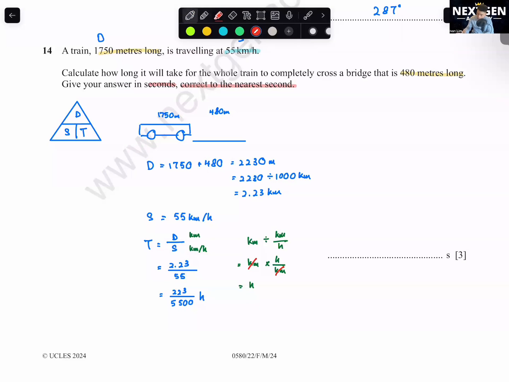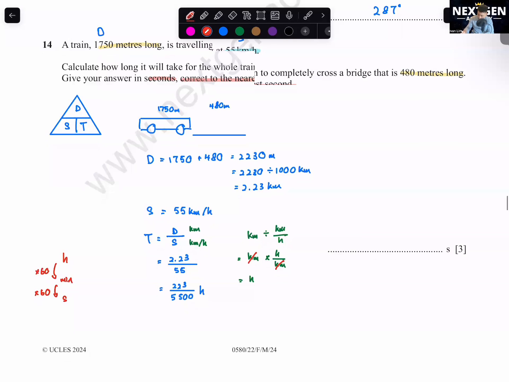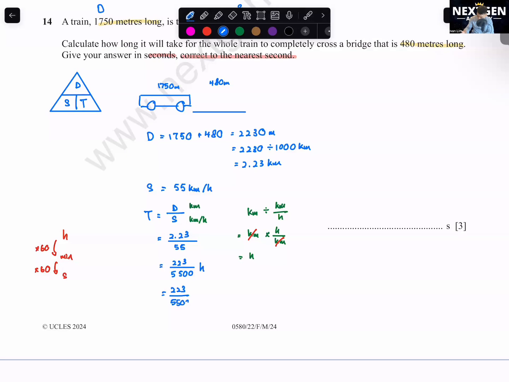So hours to seconds: hours, minutes, seconds, times 60 times 60. This is a conversion. So take 223 over 5500, multiply by 60, multiply by 60, or multiply by 3600. Then you round it, and you will get 146 seconds.